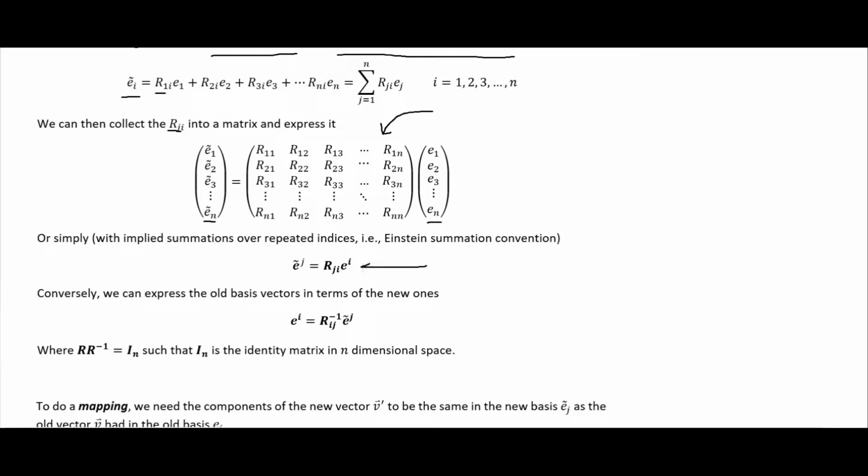So this is with the Einstein summation convention, which these repeated indices here, the i and that i there, it's implied that those are summed over. And conversely, we can express the old basis vectors in terms of the new ones, and so this is the inverse of that, where we are expressing the old ones in terms of the new ones with the Einstein summation convention here.